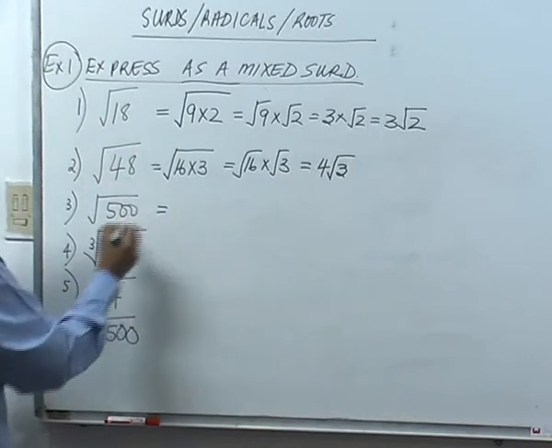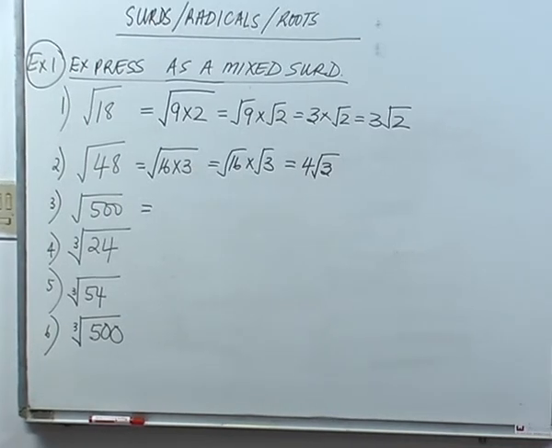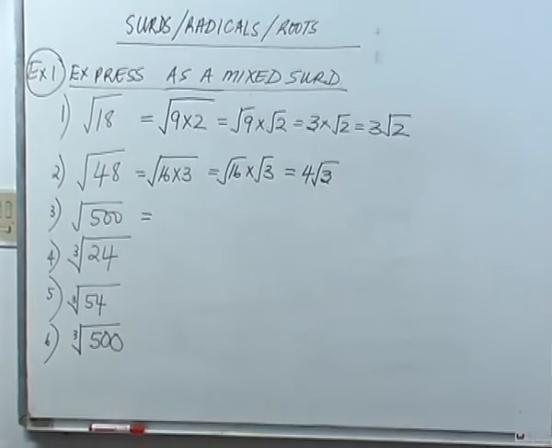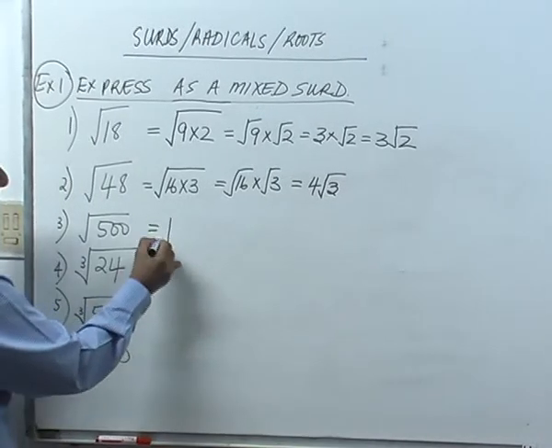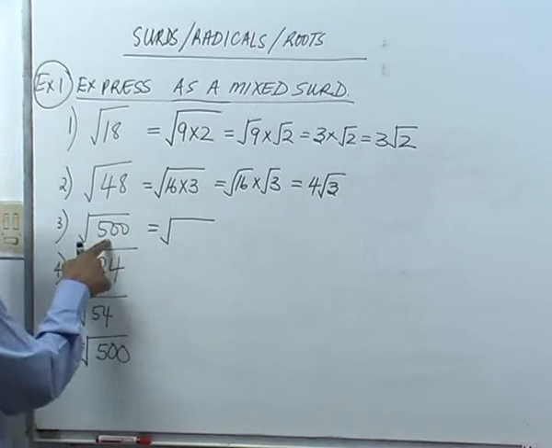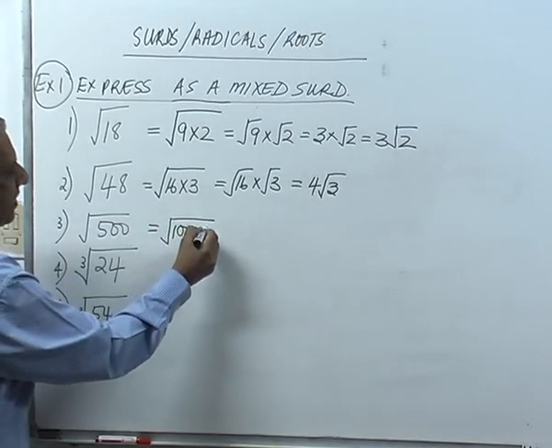If I look at square root of 500, the biggest possible square root inside 500 is 100 times 5.